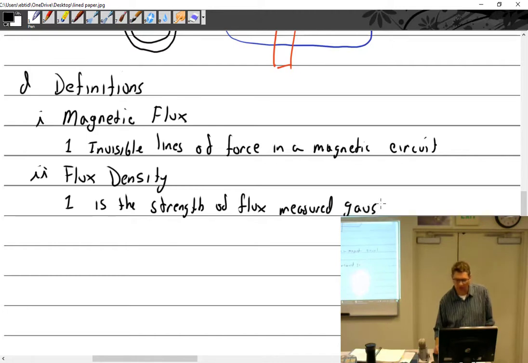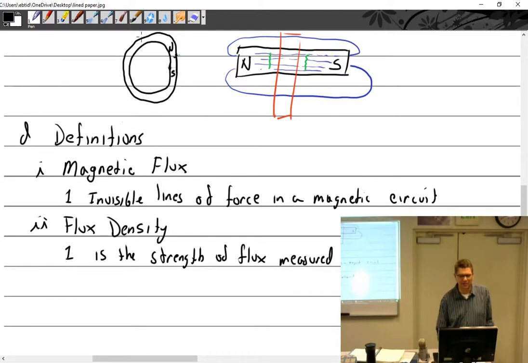Gauss. So am I going to pick up any flux density on this part here? No. How about this part? Where's the greatest flux density? Right here near the poles, where it's all coming out.